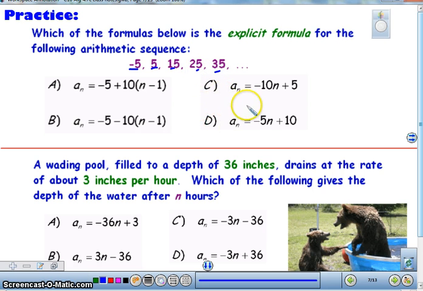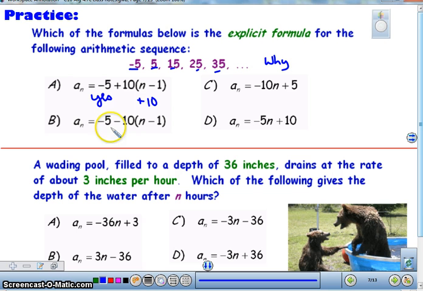First thing I want you to notice is why we are going to choose the one we are, or why the others don't work. If we look at the first one, we have our -5, that's our first term, plus 10 to the n minus 1. Does it look like it's going to work? It has the same start point, and in this case we are adding 10. So that's going to work.